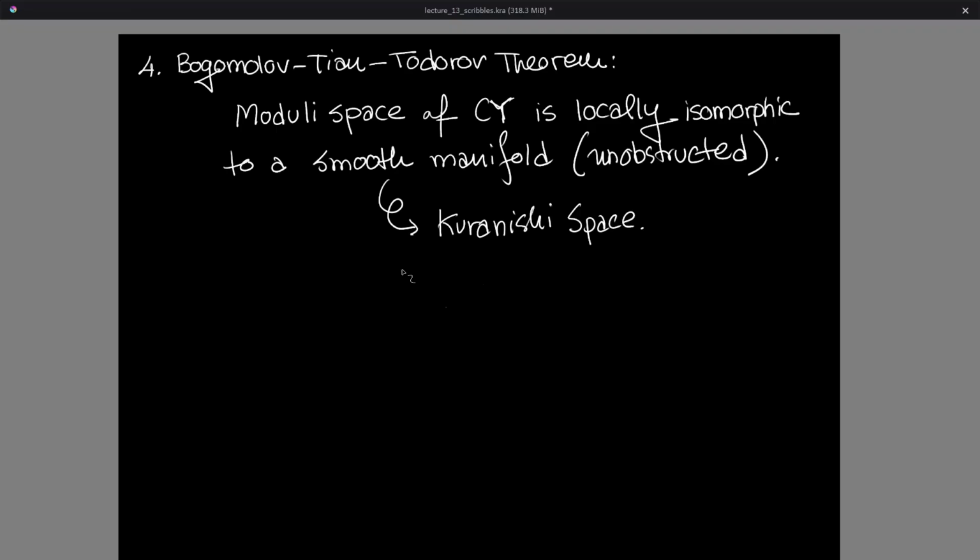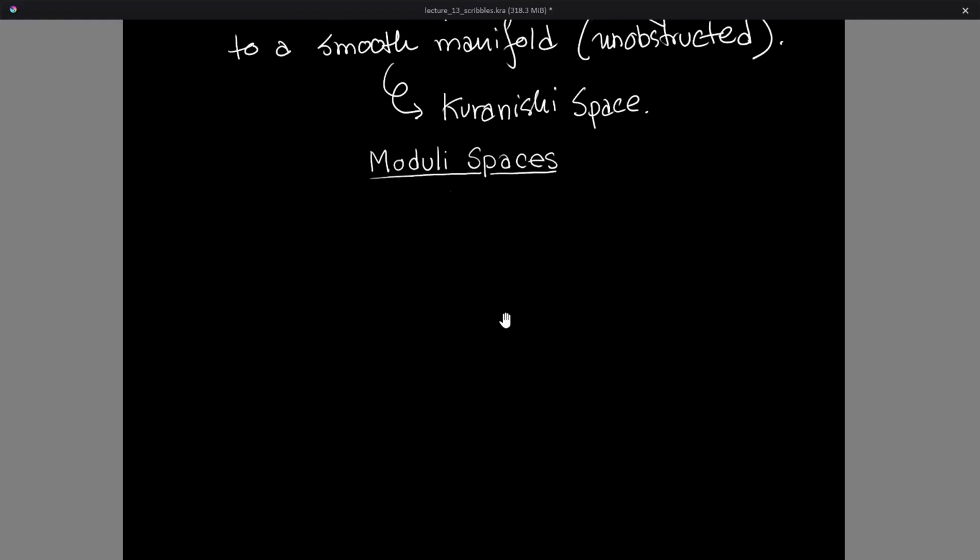But in order to fully understand what this theorem is trying to say, we're going to need to talk about moduli spaces, and specifically moduli spaces on Calabi-Yau manifolds. But before we get into that, let's talk about what a moduli space is. So let's say that I had a space.